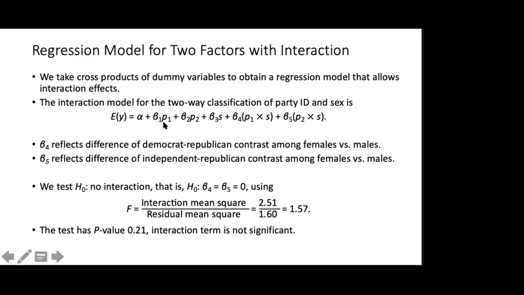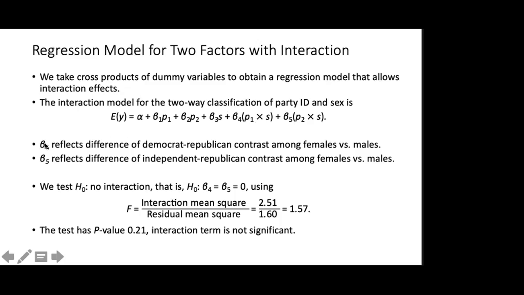Because we have to multiply both of these dummy variables with our dummy variable for gender. If gender had more than two levels, that would be even more complex, so we would have to add any possible combination. But here it's only P1 times S and P2 times S.